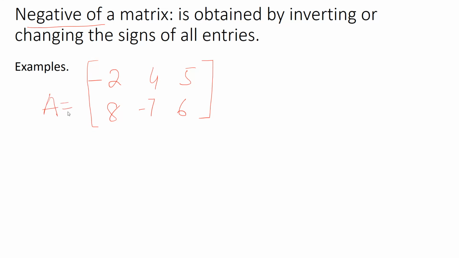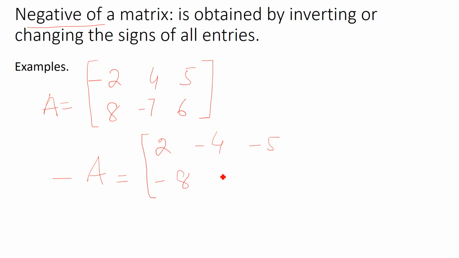So you have to find the negative of this. You write it like this: minus A. Minus A means we are going to write the negative of A. So if you have some negative, you have to make it positive. This is 4, it will be -4. This is 5, it is -5. 8 will be -8.